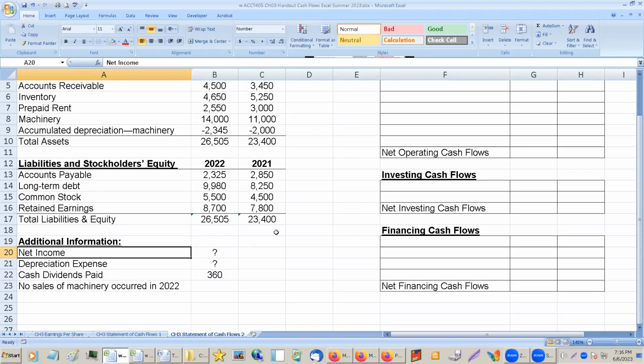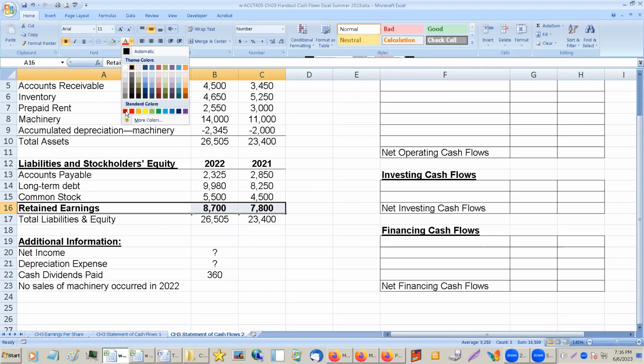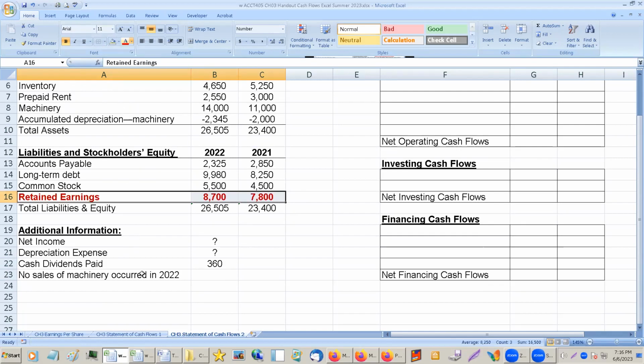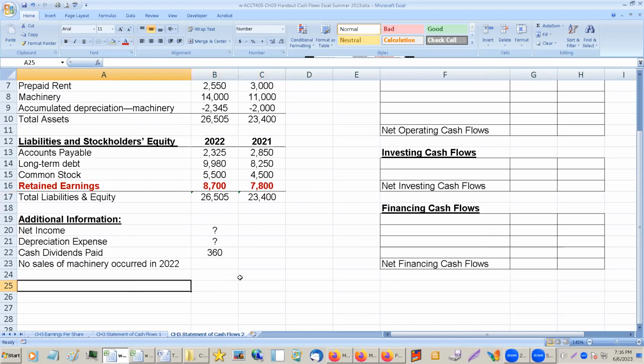Net income. You have to back into it from the retained earnings. So remember how we have our beginning retained earnings.